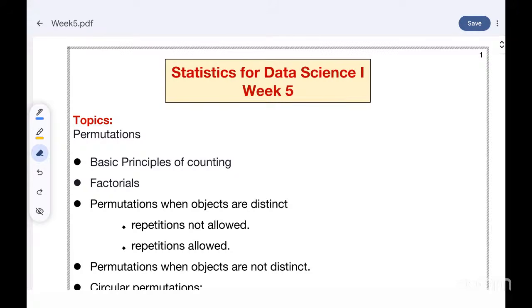In this week 5, we are mainly going to concentrate on the topic permutations. So before even looking at what is permutation, we will first look at some basic principles of counting. What are factorials? Then we will slowly see the definition of permutations and then the varieties in which the permutations can vary.